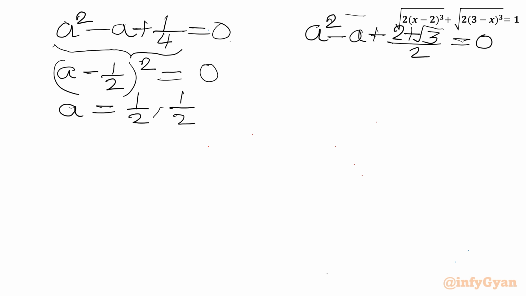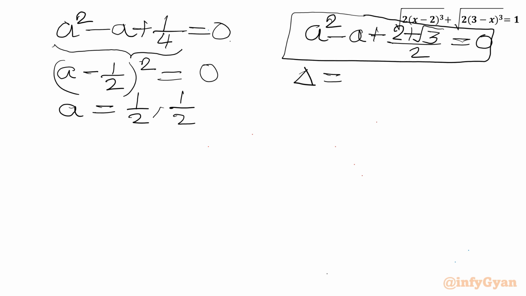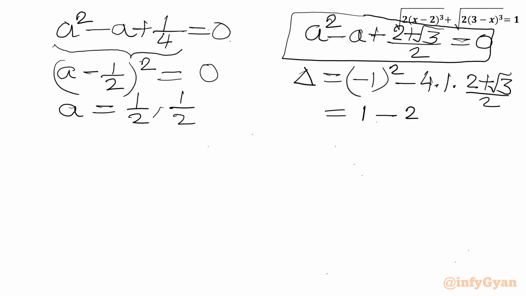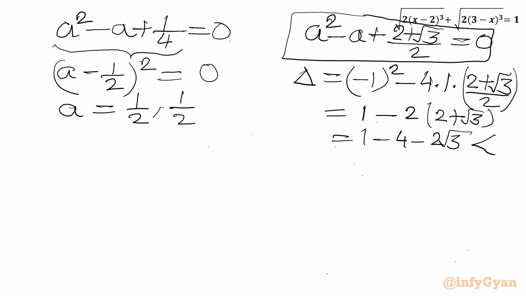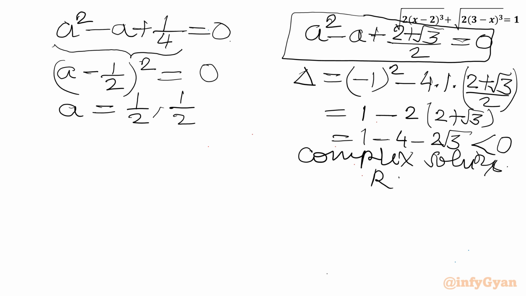And if I check the discriminant for the second quadratic equation, delta is equal to b² − 4ac, so 1 − 2 times (2 + √3), which is 1 − 4 − 2√3. This value will always be negative, so complex solutions will be there. So we can reject this quadratic equation, and I will write here rejected.